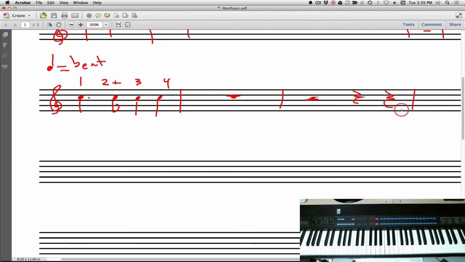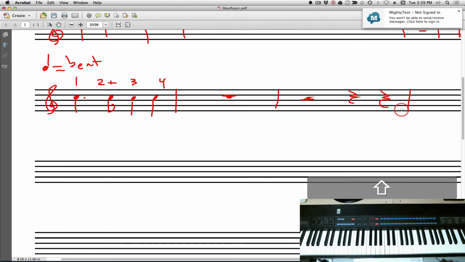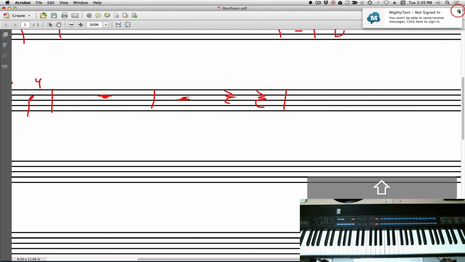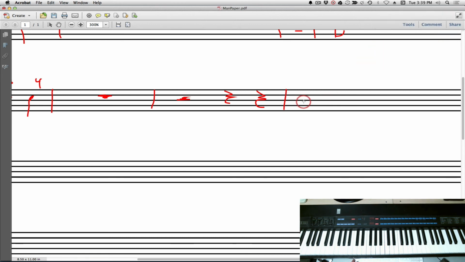An eighth rest is pretty easy. You just go like this, and you draw a dot in the C line, up and then down like that. That's 2 eighth rests. For a sixteenth rest, you do the same thing, and then you put a little slash on it.